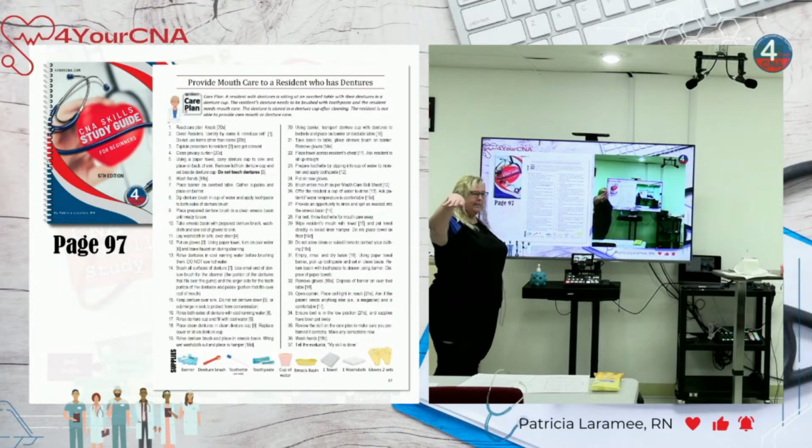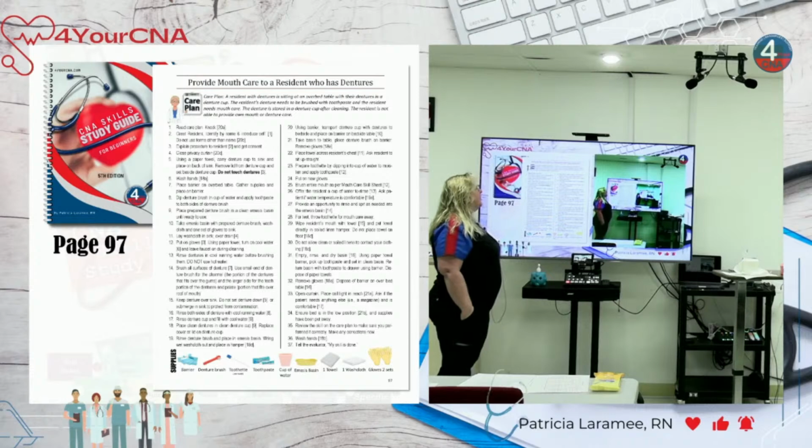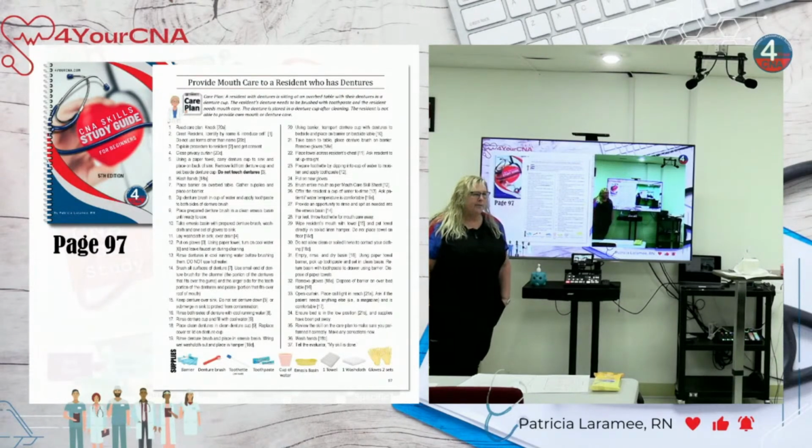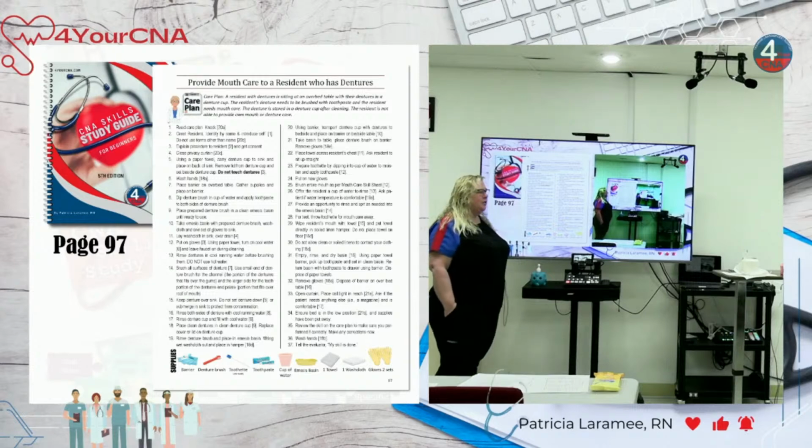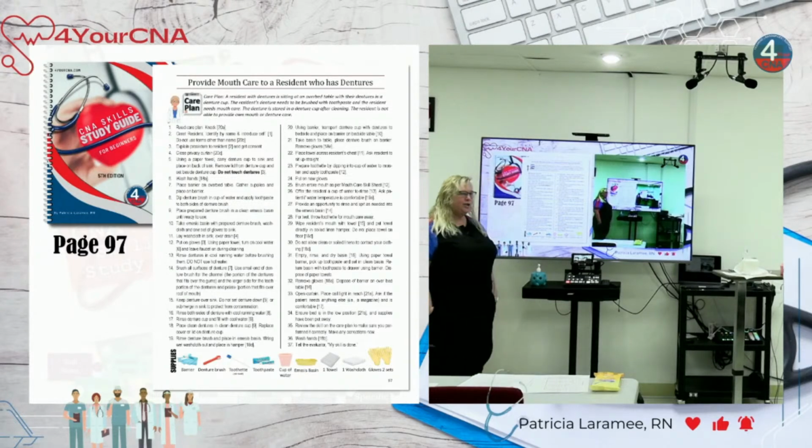So they've already taken them out and put them in the cup. The resident's denture needs to be brushed with toothpaste, and the resident needs mouth care. The denture is stored in a denture cup after cleaning. The resident is not able to provide their own mouth or denture care.